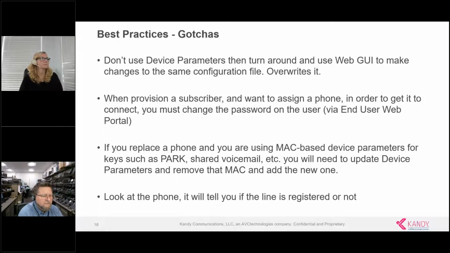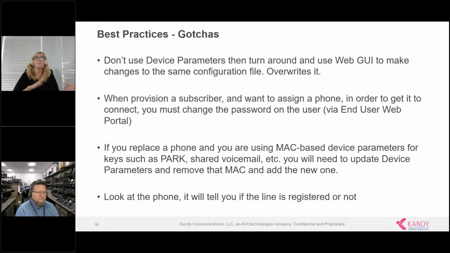This is something that happens if you're doing, Jason went through the device parameters and groups based upon MAC address, okay? If you have, let's say, single button call park and pickup, set by MAC address for a team of people, but then you go in and you change their phone from one phone to another phone, and you do that through admin, subscribers, device, click and choose a different one.